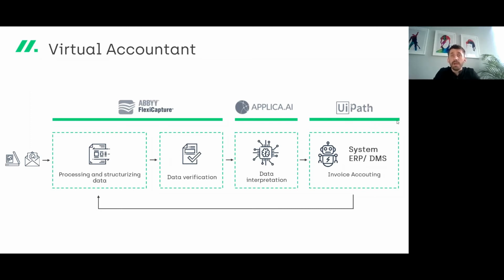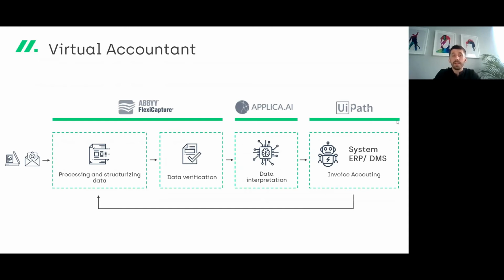So at the beginning of this process, we get some input documents. In this case, there are two sources of the documents. The first source is the scanner, where the operator is scanning the document, and the second source is email, where the suppliers are sending the invoices that should be processed. Then the OCR software is processing and structuring the data.